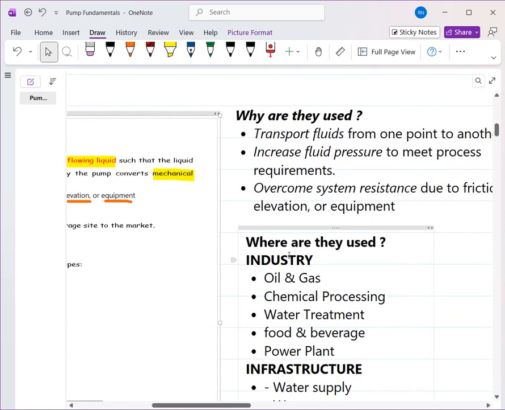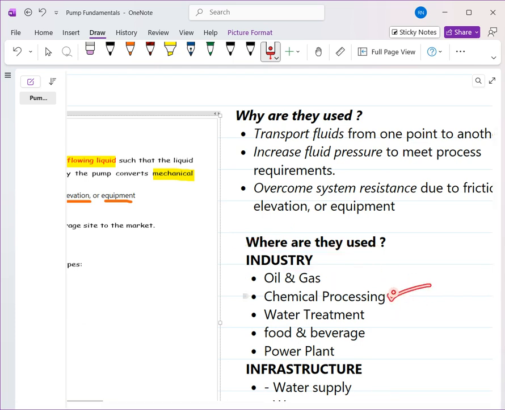Now where are they used? They are used in the oil and gas industry, chemical processing like pharmaceuticals, water treatment, food and beverages, and power plants, especially pumps like centrifugal pumps.